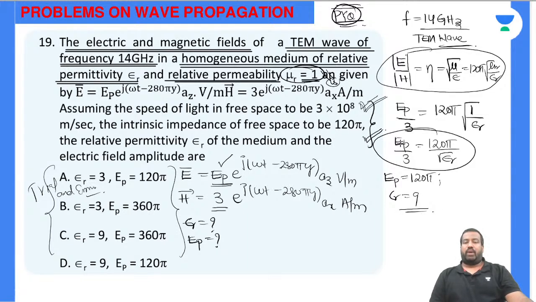If you substitute EP is 120 pi and epsilon r is 9, this equation will be satisfied. There are other combinations that will also satisfy, but they are not in the given options. Epsilon r is 9 and EP is 120 pi. Option D is the answer.